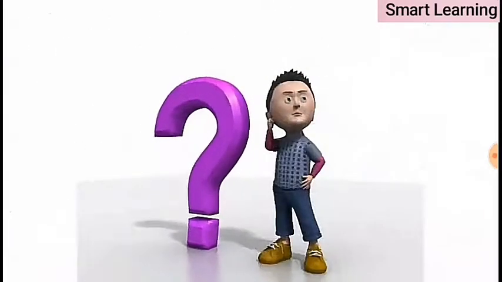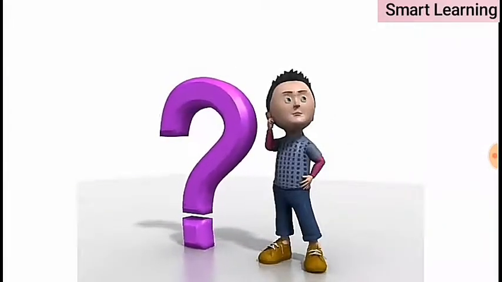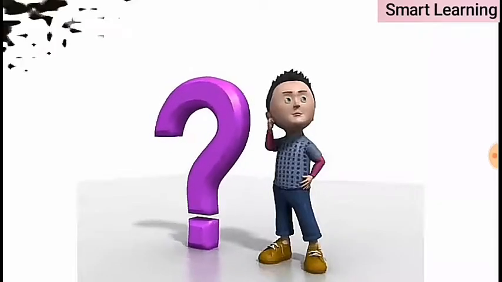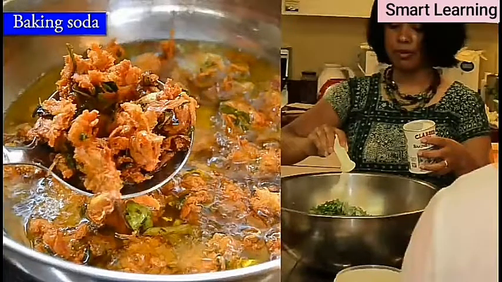Let us see another important substance prepared with common salt as a raw material. Baking soda. The soda commonly used in our kitchen for making tasty crispy pakoras is the baking soda.